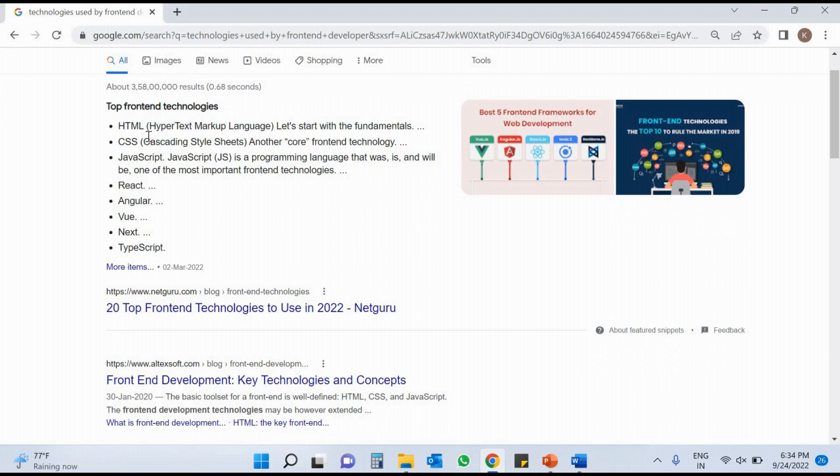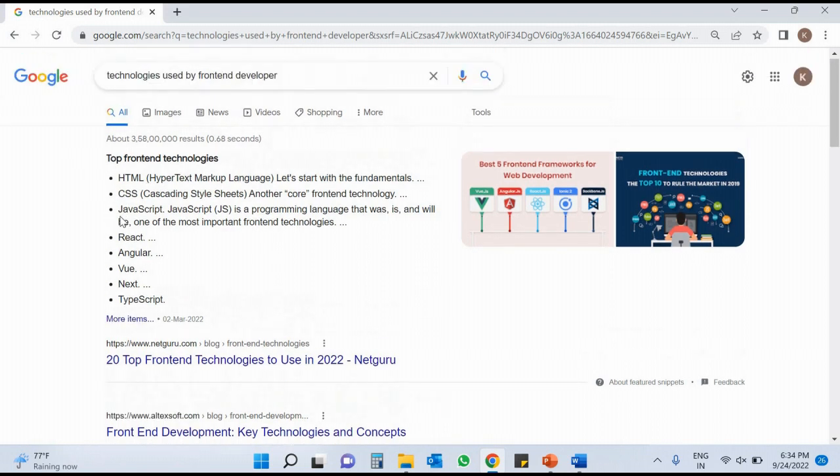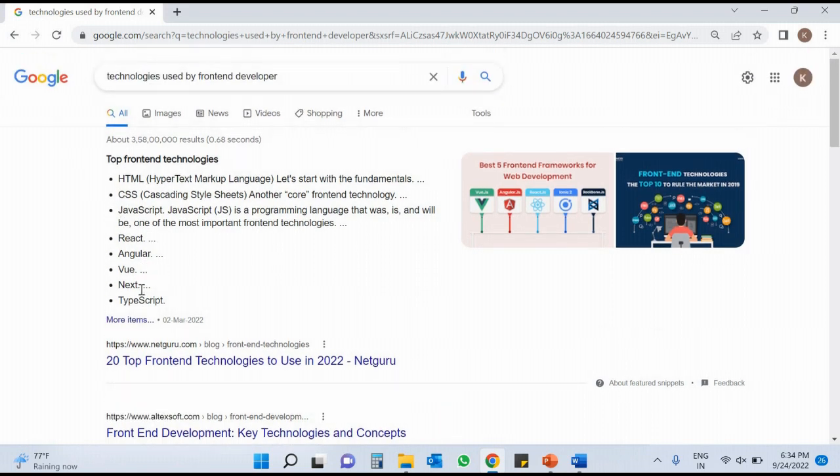These are the common technologies used by the front-end developer. And then React, Angular, Vue, Next or TypeScript, depending on what exactly the client is looking for, strong experience in React or Angular. So friends, my point is that sometimes we get the exact technologies of the given requirement.